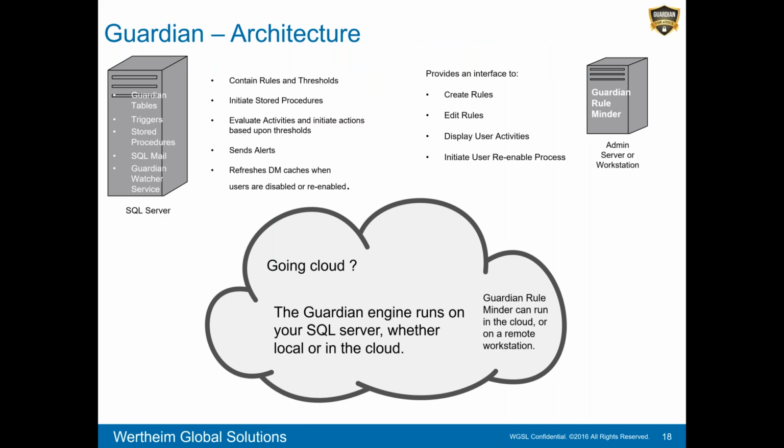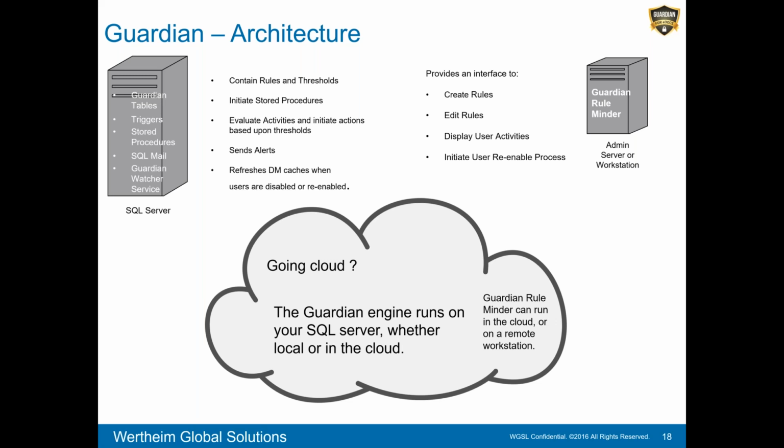I want to just spend a couple of seconds talking about the architecture. We basically have everything on the server side, nothing on the desktop. So it doesn't matter what type of desktop a user has, whether they're running eDOCS to a phone, or DM extensions, Outlook extensions, the web, doesn't matter.